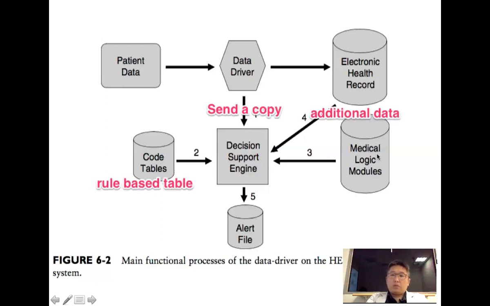Then it goes to look up the medical logic module to execute the logic and decide whether it's normal or abnormal. But in my example, if you want to create a more sophisticated system, because you want to exclude patients who already have a poor renal function diagnosis, then you don't want to generate the alert.